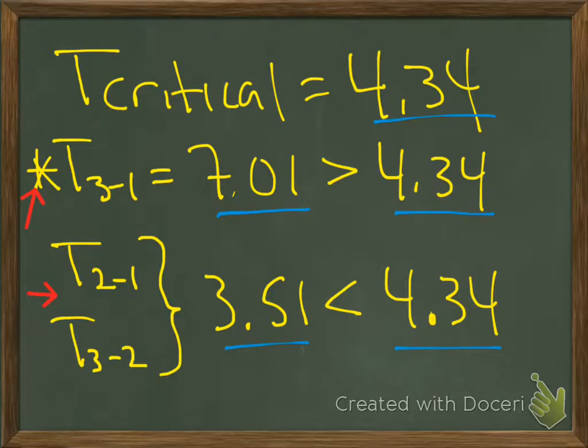And if we were to be doing this for real, we would name the groups, and we would name the variable that we're talking about. So say group 1 is California, group 2 is Alabama, and group 3 is Mississippi.